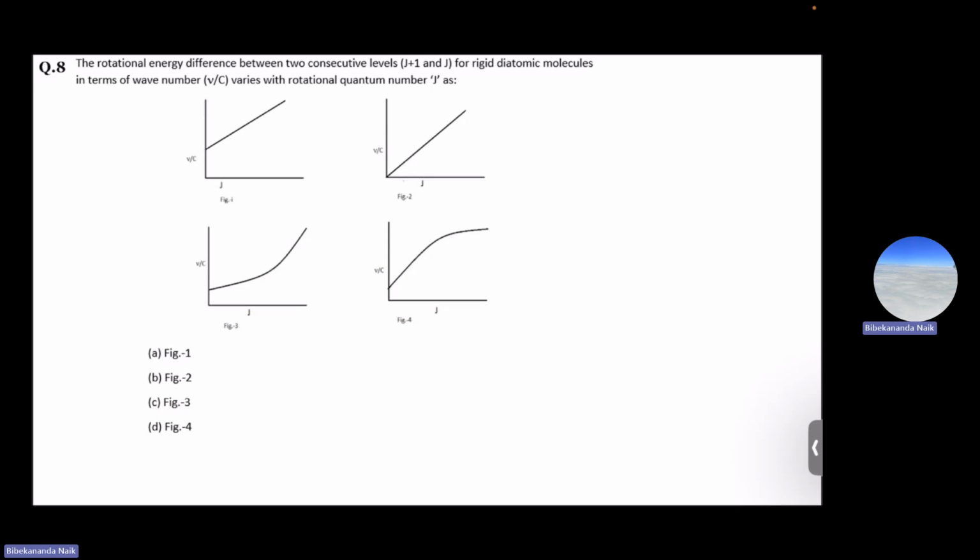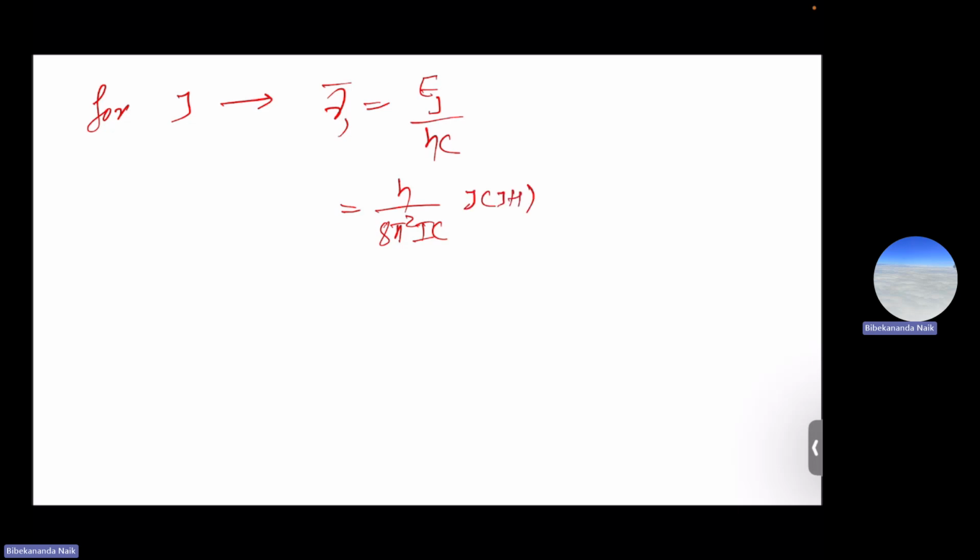We know the wave number for the J level is given as EJ divided by hc, which is h by 8 pi square Ic into J into J plus 1, and it is called B into J into J plus 1.